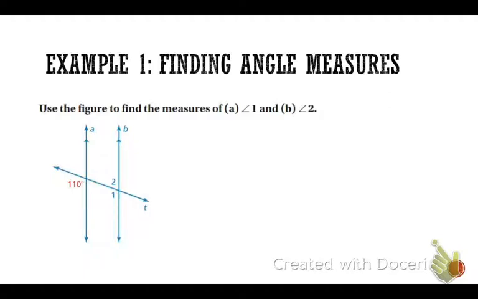Yes. Okay. So I can look. Do you see that 110 is in the bottom left section of the intersecting point? Which angle on the other set is in the same location? 1.